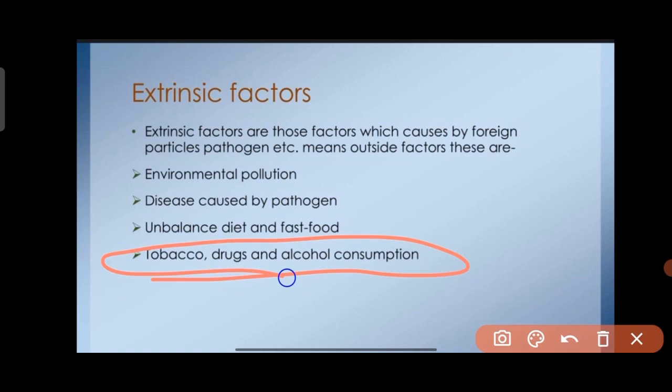If we take fast food and our diet is not perfectly balanced, then we can say it is an extrinsic factor. Sorry, I would like to change my point. In internal factors, somewhere I mentioned the balanced diet, maybe in the malfunctioning, right? But that will not be there.